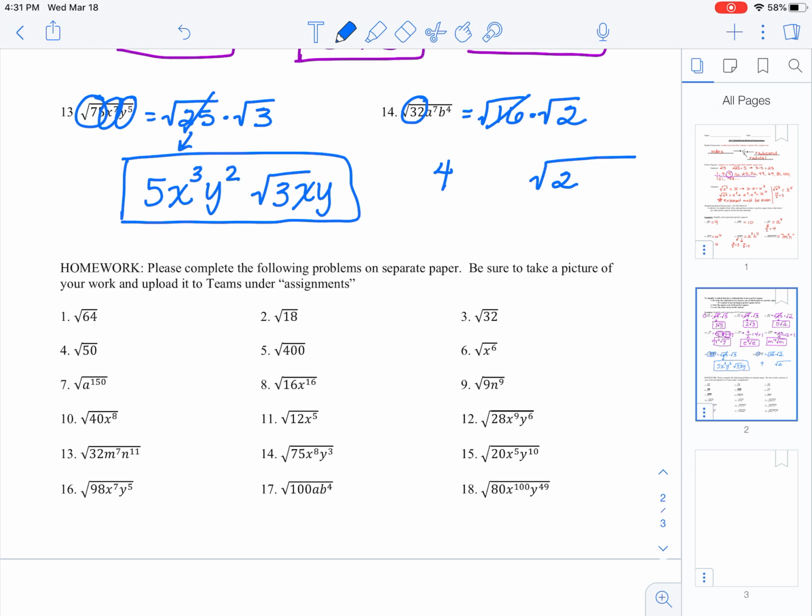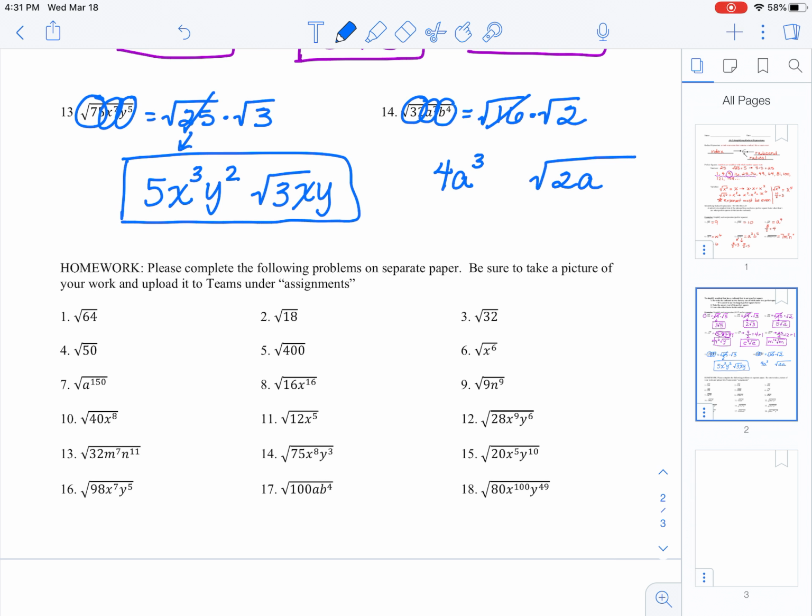Then I can deal with the letters. A to the 7th power, so I take the exponent and divide it by 2. 7 divided by 2 is 3, remainder 1. So a to the 3rd power comes out of the radical. The remainder 1, that leftover a, stays underneath.